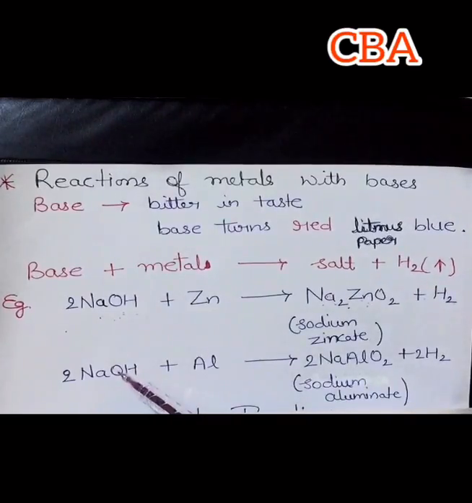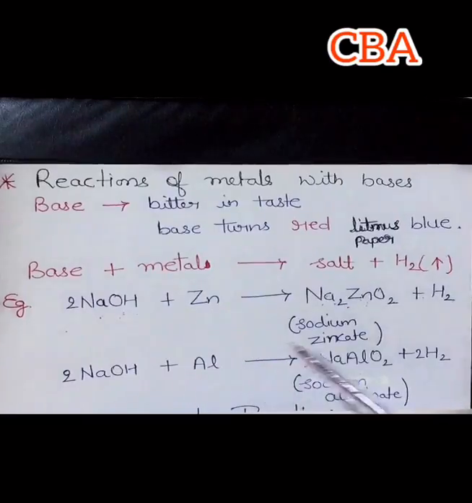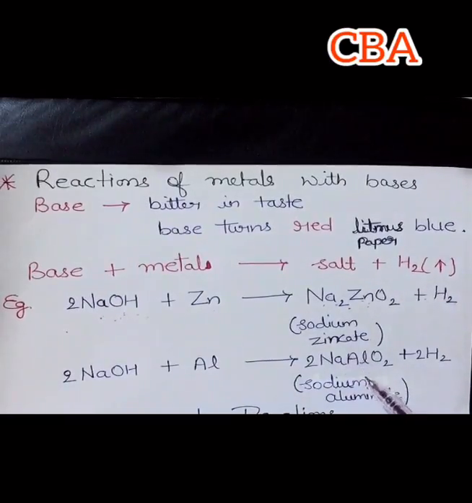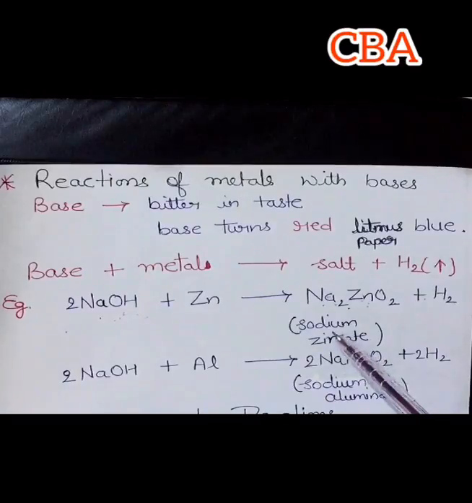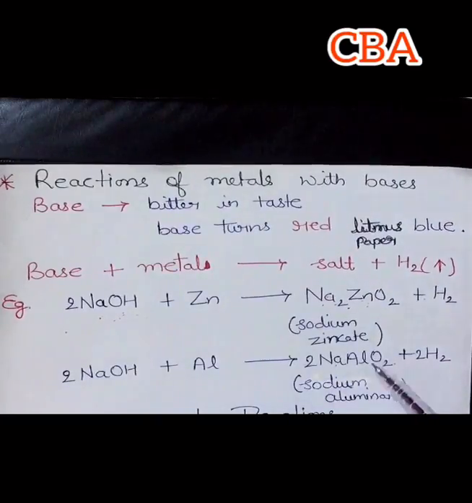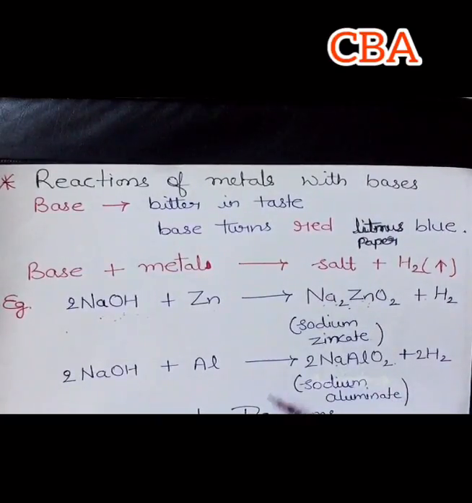If we talk about the reaction of sodium hydroxide with aluminium, there is a formation of sodium aluminate. Here the sodium zincate was formed, here sodium aluminate is forming. Na stands for sodium, Al stands for aluminium. So there is a formation of NaAlO2 plus 2H2. Again here 2, 2, 2, these things are coming for balancing the chemical equation.